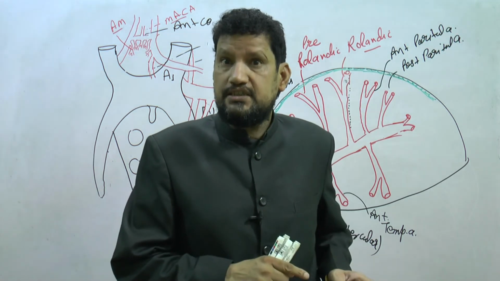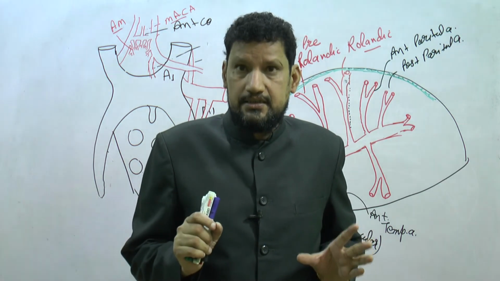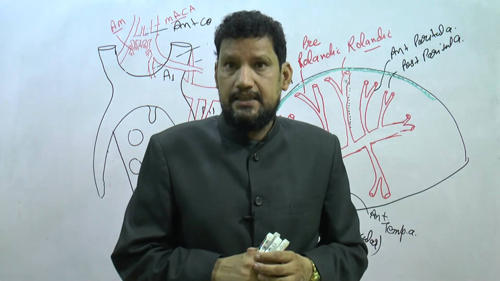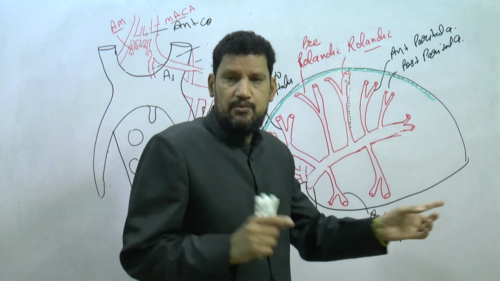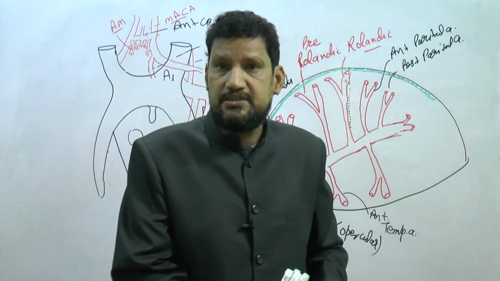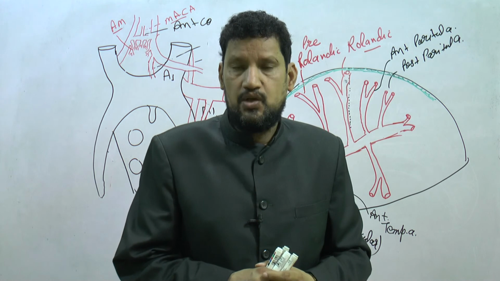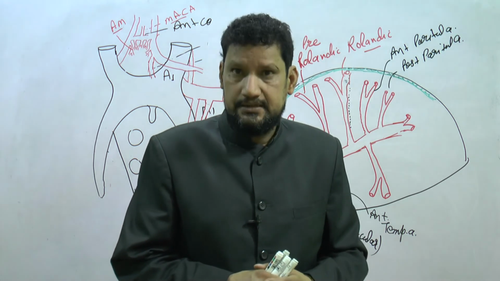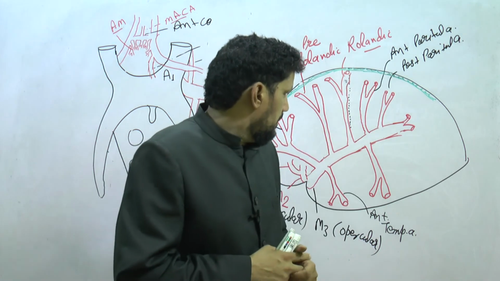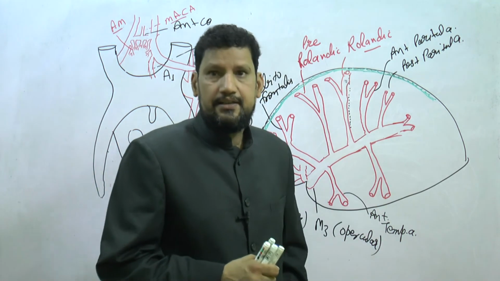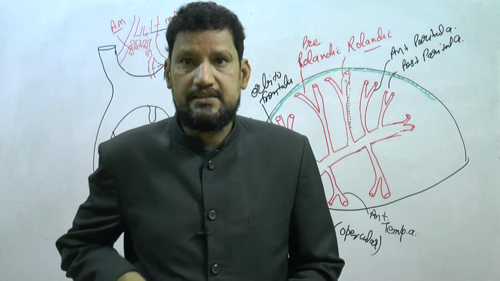So anastomoses are taking place primarily inside the sulci. The sulci are the primary site of the anastomosis, but when the artery is coming out from sulci on the surface of the brain or the pia plexus, they enter at right angle inside the brain parenchyma and they never anastomose. So this is the middle cerebral artery.